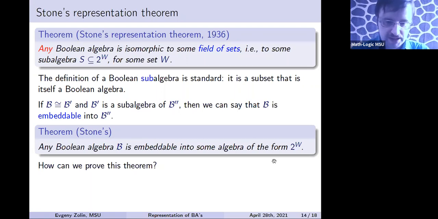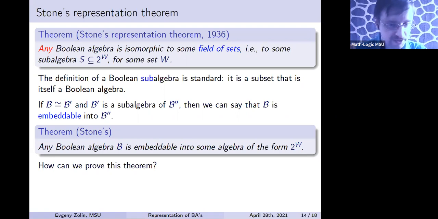Okay, but now how can we prove this? We cannot simply take atoms, because an algebra may have no atoms, and even if it has atoms, it may often be the case that some element A has infinitely many atoms below A. And therefore we cannot take the disjunction.